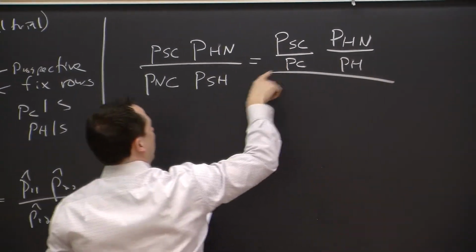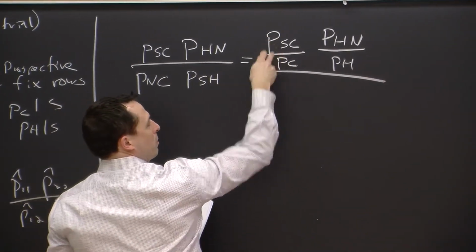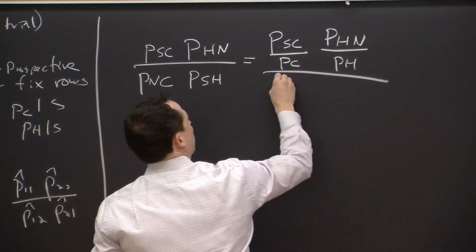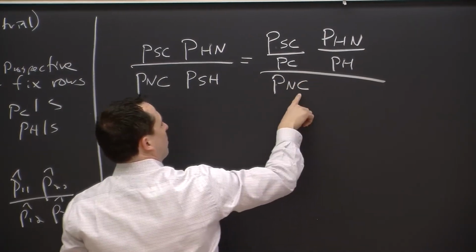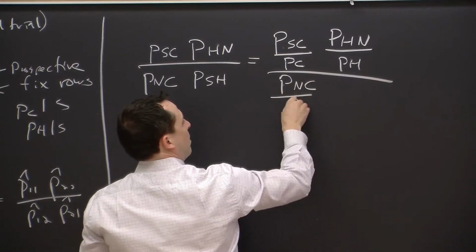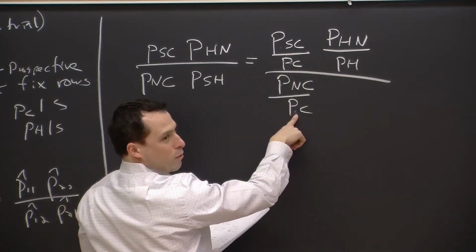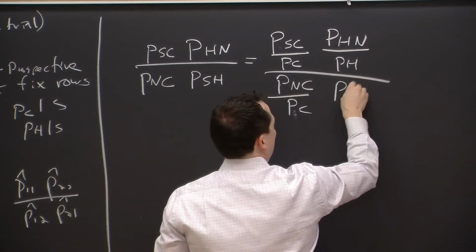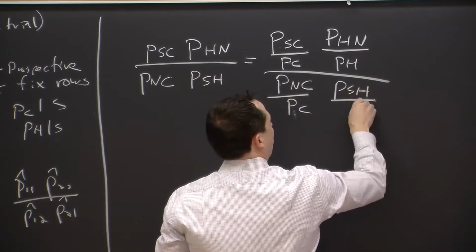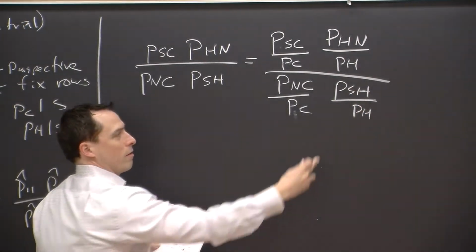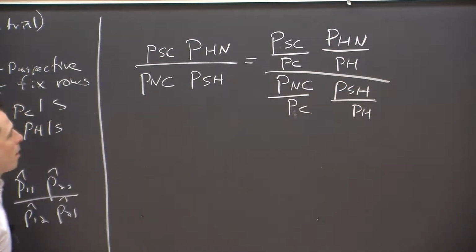And then I'm going to multiply by 1 over PC, 1 over PC. So probability non-smoking cancer divided by PC. So I just multiply by 1 here, 1 over PC over 1 over PC. And probability smoking healthy divided by probability healthy. So, okay, I haven't done anything. I just multiplied by 1.